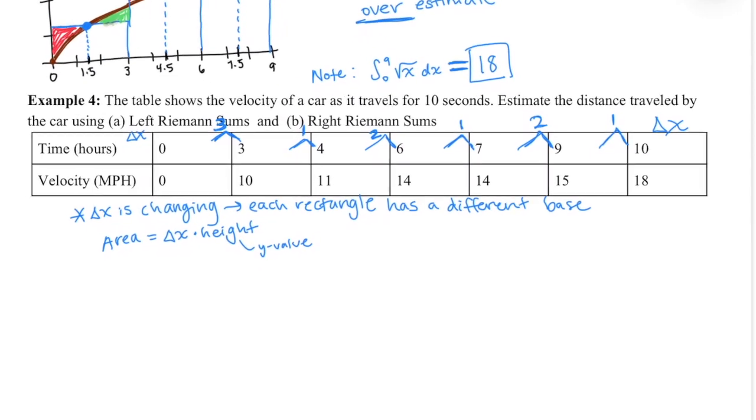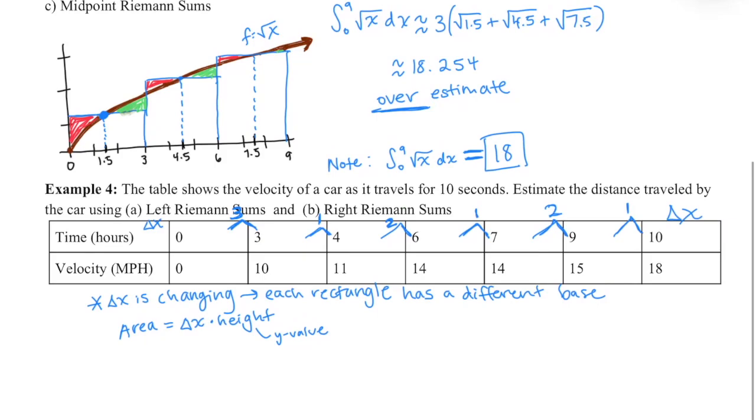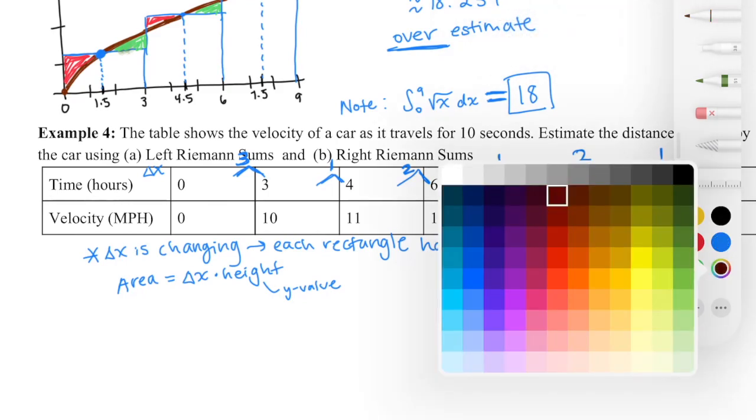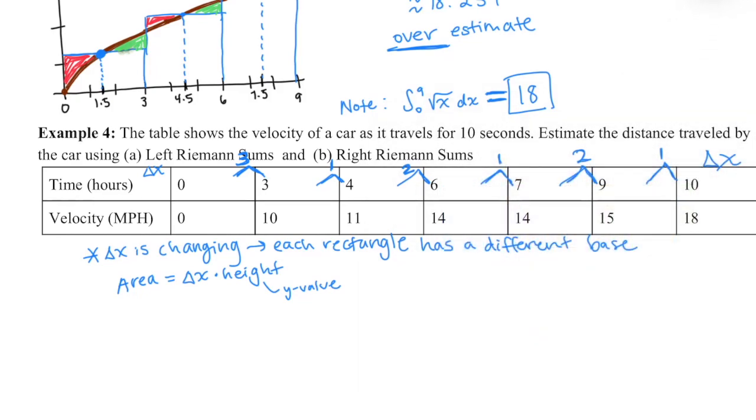Okay, so when I'm doing my lefts, I'll do the left in this reddish color. The left means I'm using all the numbers on the left. See how this little arrow is pointing over to that?